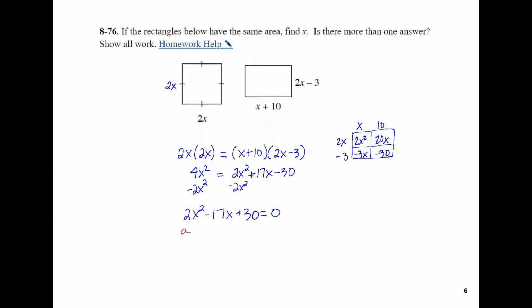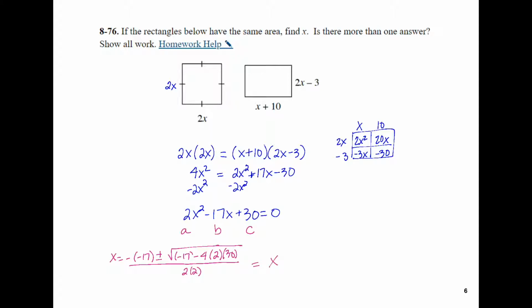So we know a is 2, b is negative 17, c is 30, x equals negative b plus or minus the square root of b squared minus 4 times a times c, all over 2 times a.